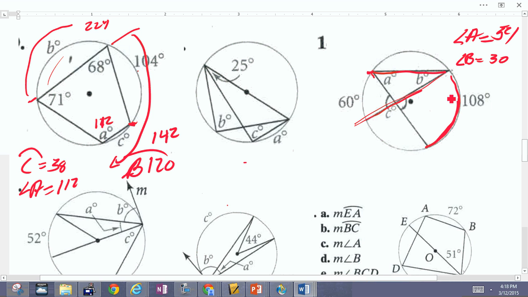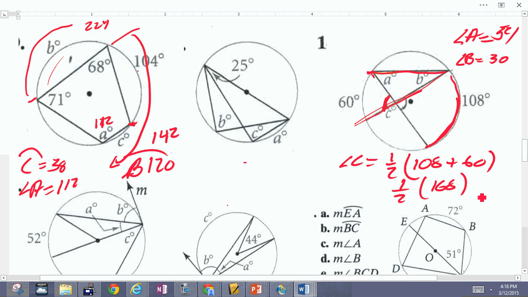The angle here at C is an interior angle, which is half of the sum of the two arcs, 108 and 60, which is half of 168, which is 84. So angle C is 84.